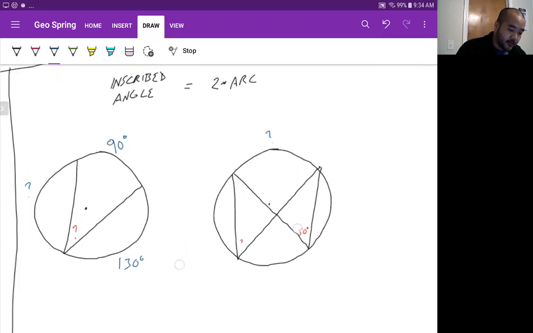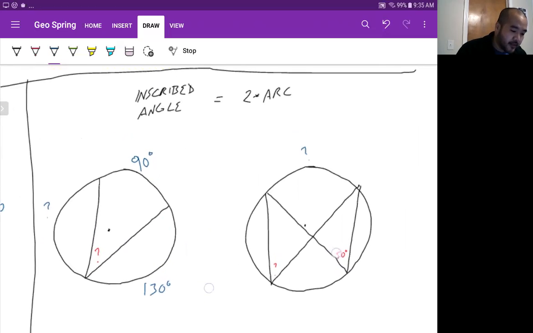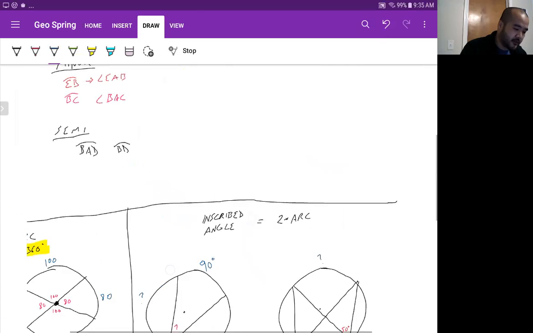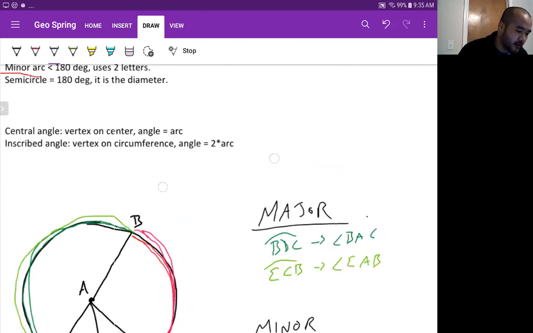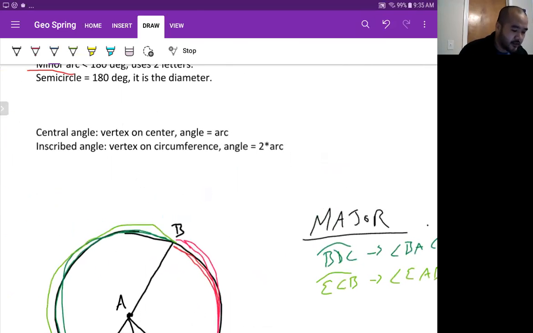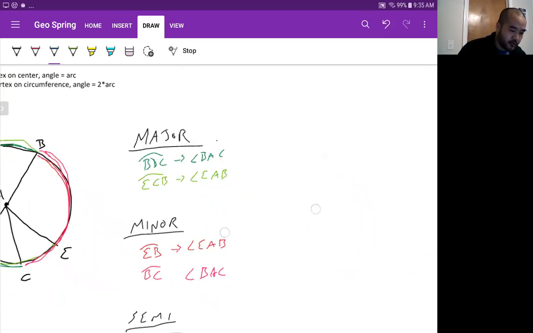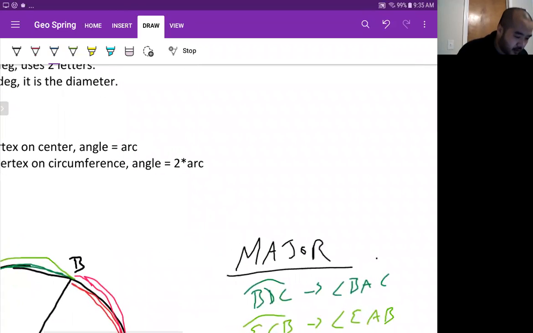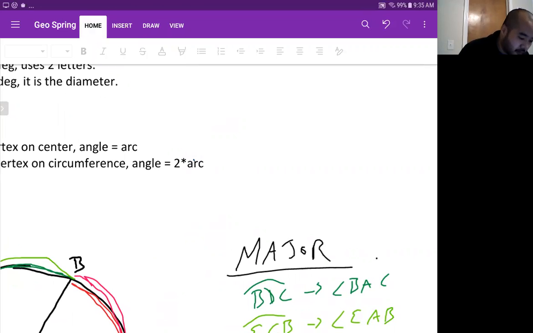Okay, the last thing is inscribed angles. Inscribed angles is where the vertex is on the circumference. So those definitions are up here. Vertex on the circumference, the angle equals 2 times. Oh, hey, you know what? This is wrong. Well, I guess it's better I catch this now than later.